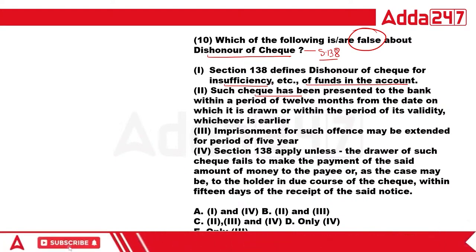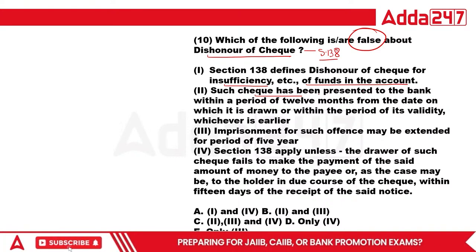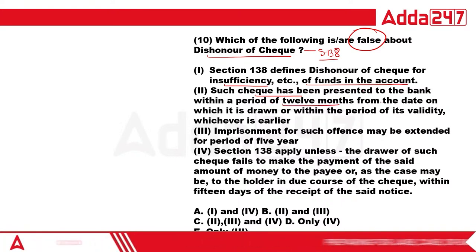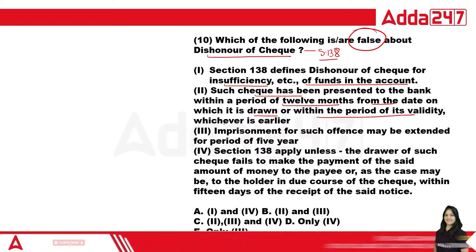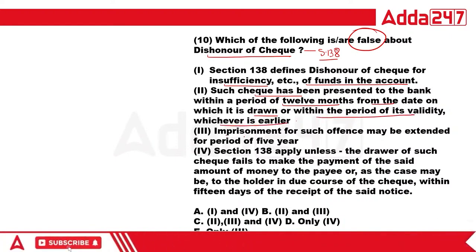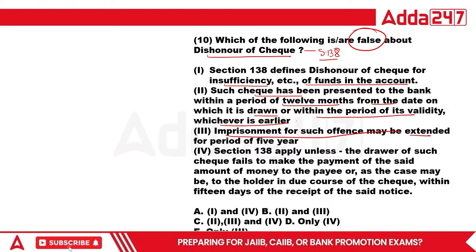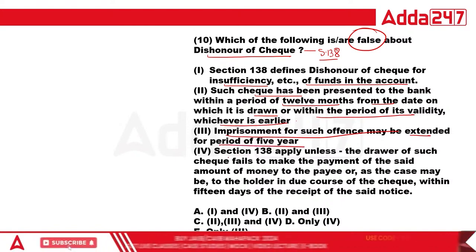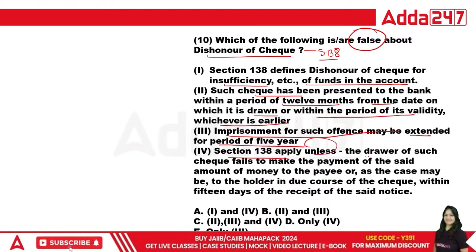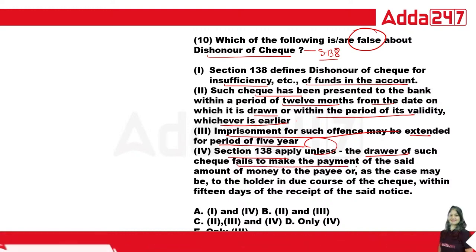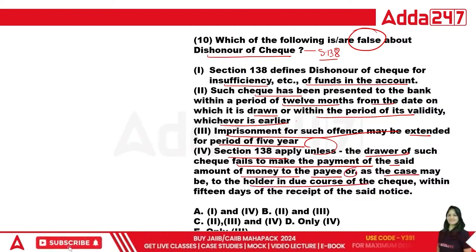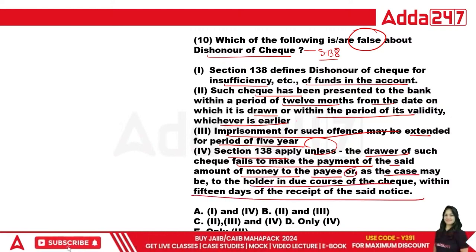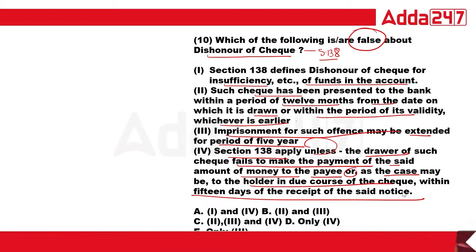Such check has been presented to the bank within the period of 12 months from the date on which it is drawn and within the period of its validity, whichever is earlier. Imprisonment for such offence may extend up to 5 years, and section 138 applies unless the drawer of such check fails to make the payment of the said amount of money to the payee or, as the case may be, to the holder in due course within 15 days of the receipt of the notice. What is the right answer?